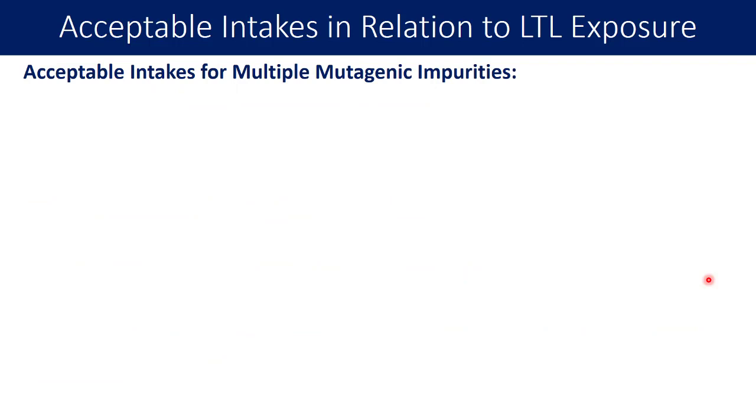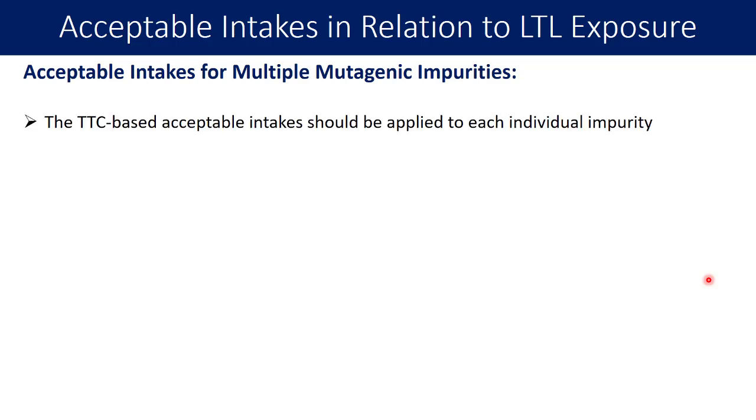Then in case you have multiple mutagenic impurities in your drug product, so far we only talked about understanding the acceptable intake in case there is only a single impurity present in the drug product. But in case there are multiple mutagenic impurities, maybe 2 or 3 or more than 3, how can one define the limits?